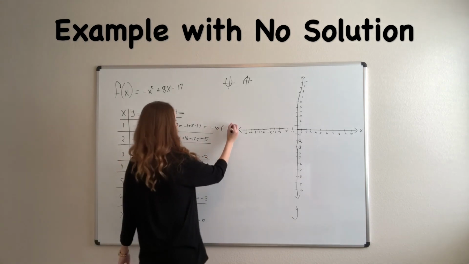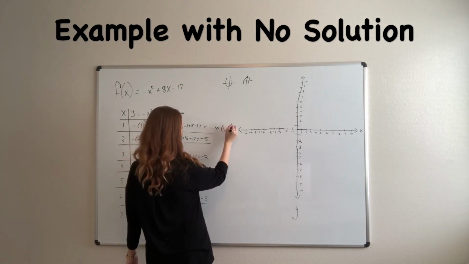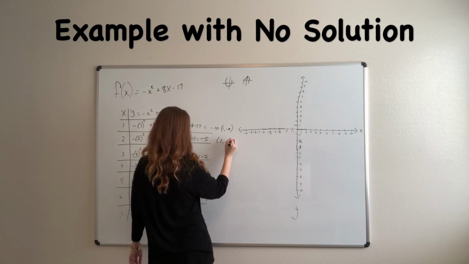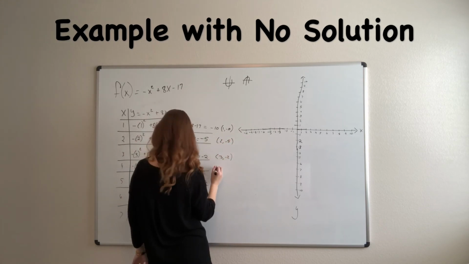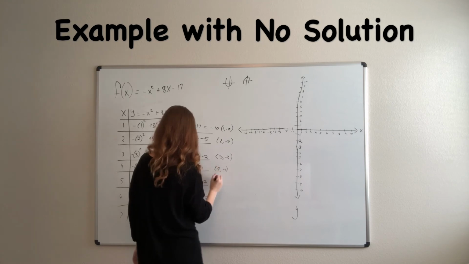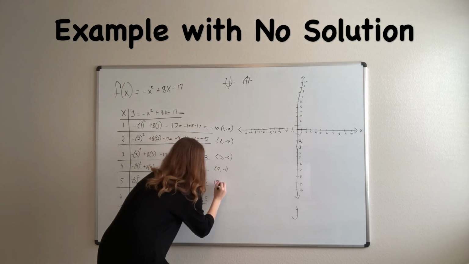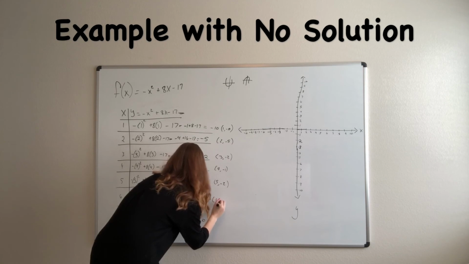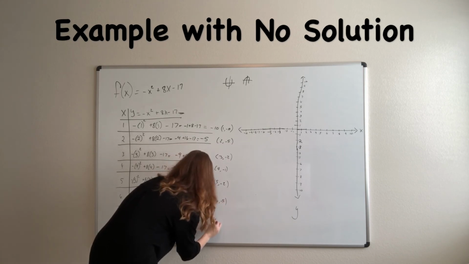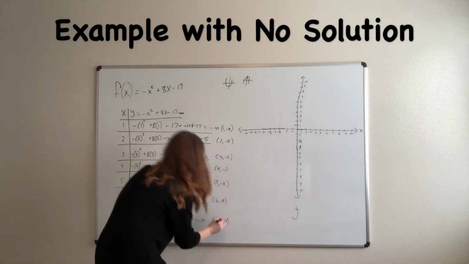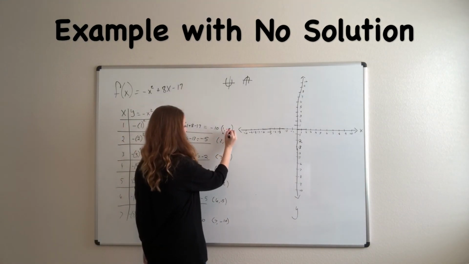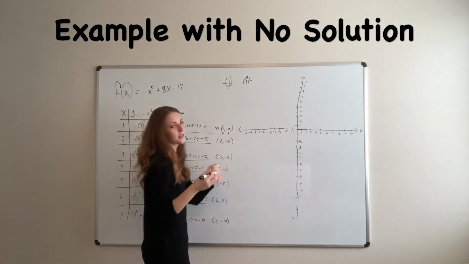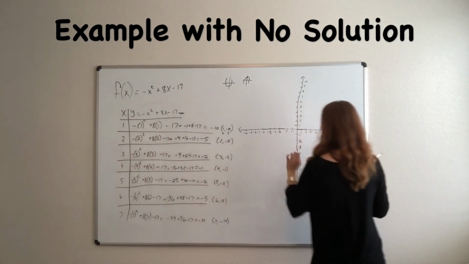Okay, so our coordinates we're going to be graphing are (1, -10), (2, -5), (3, -2), (4, -1), (5, -2), (6, -5), and lastly (7, -10). Once again, just a reminder, when graphing coordinates, you read it as xy, meaning you look at your x-axis first and then your y. Okay, so let's graph these coordinates.